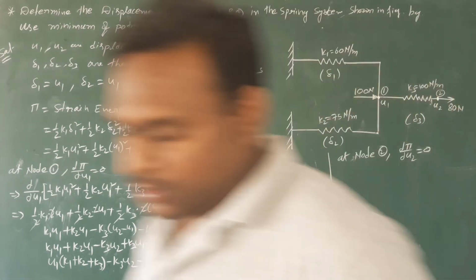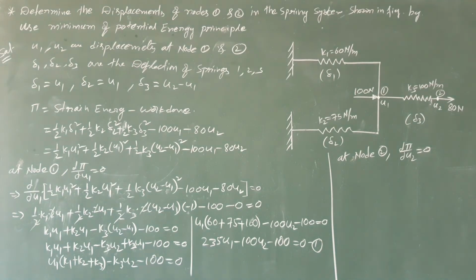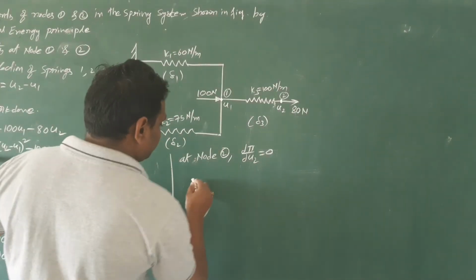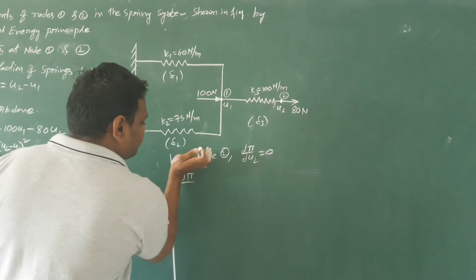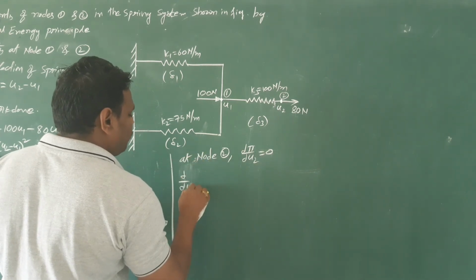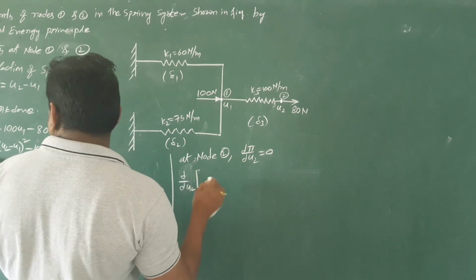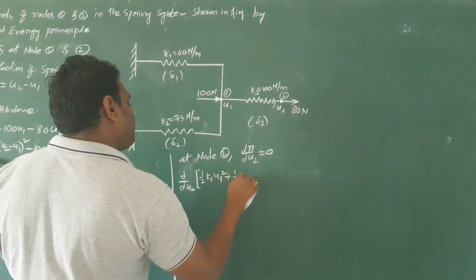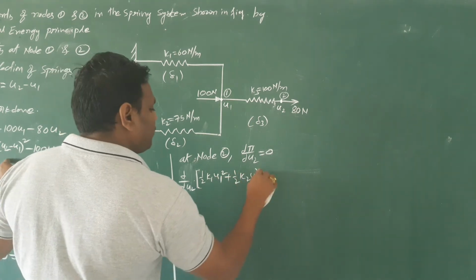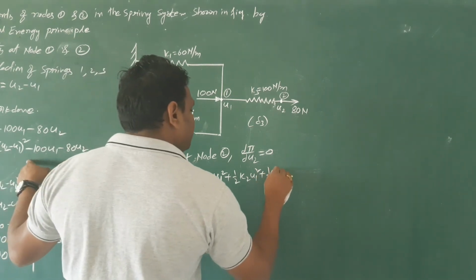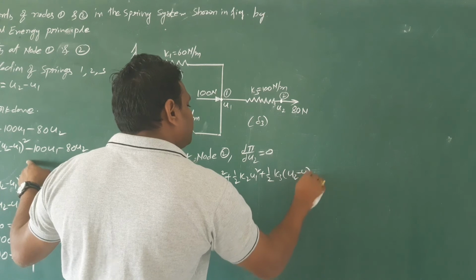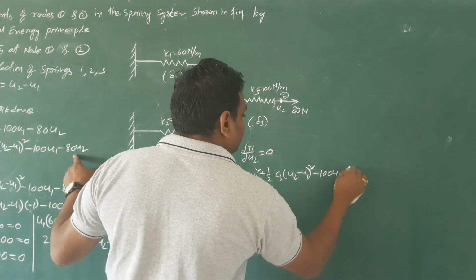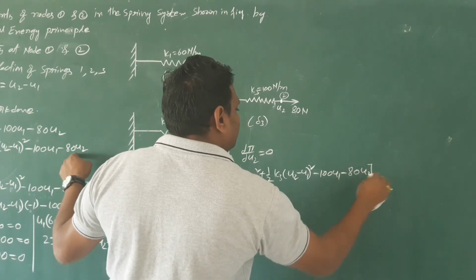So simplify this with respect to u2, of half k1 u1 square plus half k2 u1 square plus half k3 (u2 minus u1) whole square, minus 100 u1 minus 80 u2. It is equal to 0.